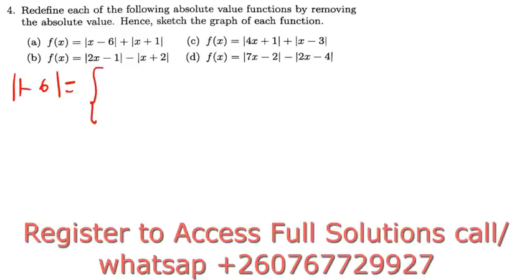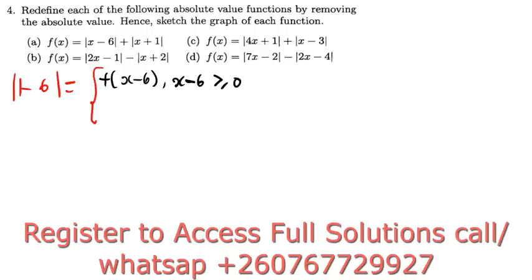Now I know that what is in the modulus, just take it the way it is. First you multiply it by positive. If I multiply that by positive, I'll just end up having x minus 6. Then the condition is that the same one in the modulus, x minus 6, should be greater than or equal to 0 because I've multiplied this by positive.